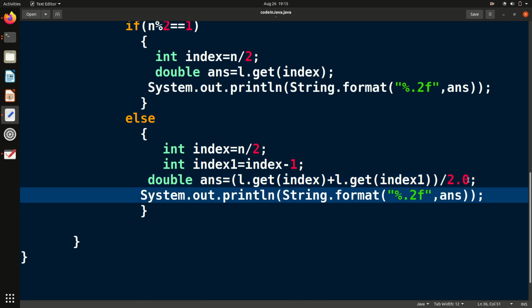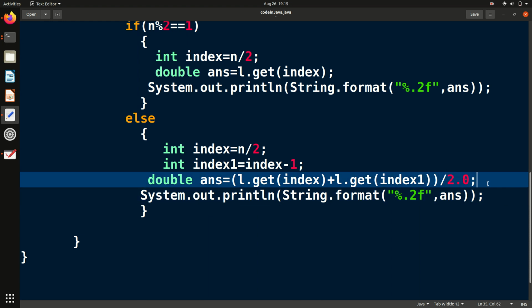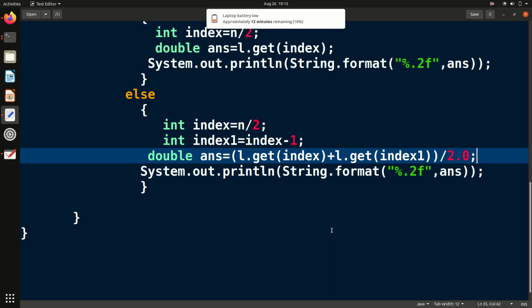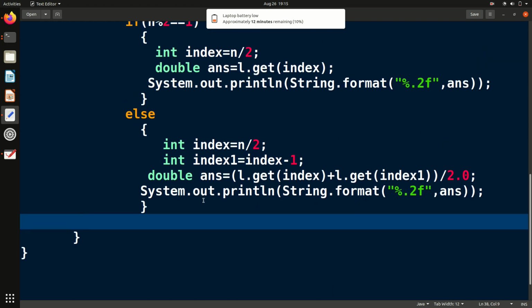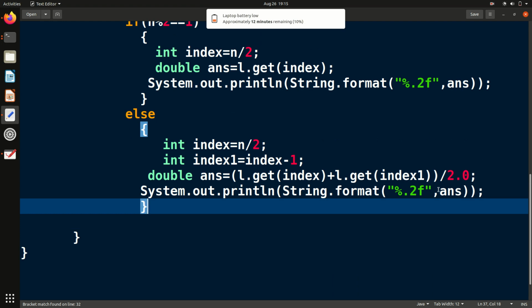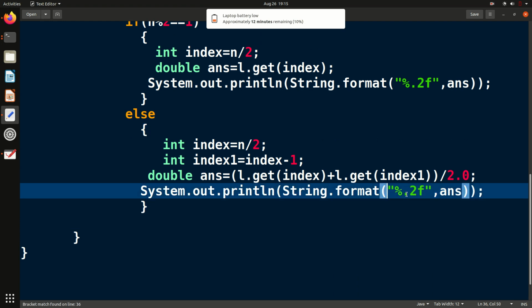Now this is a question for you: why have I taken 2.0? To take the average, we would have just divided by 2. Why have we done 2.0? Put it in the comment section. Okay, this was all, and I hope it is clear. And .2f is basically to print up to 2 decimal places.